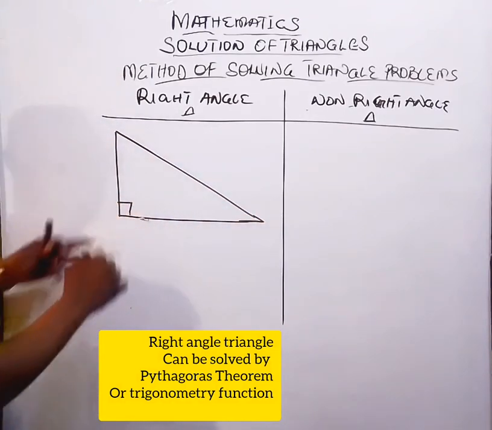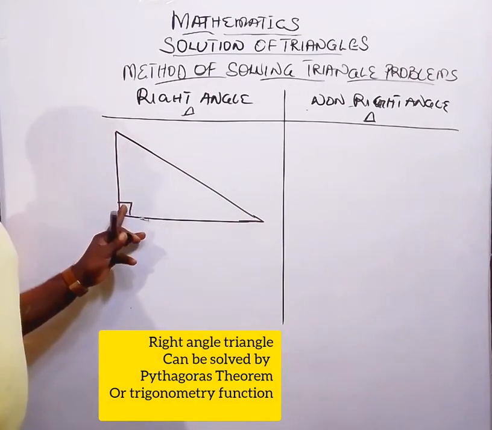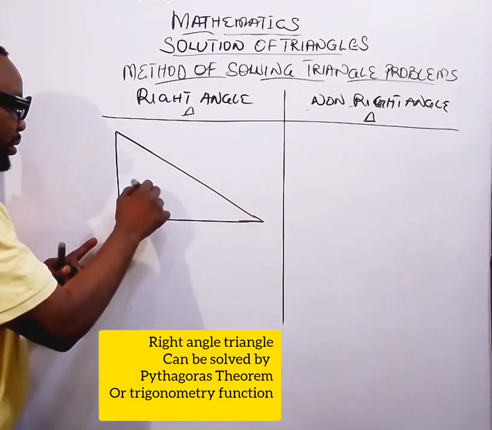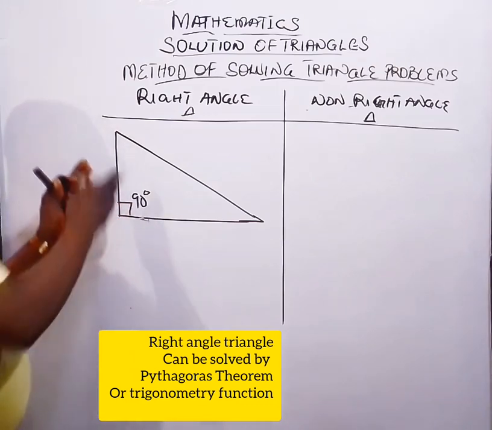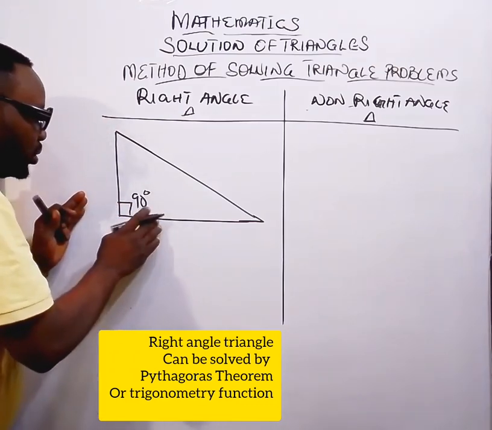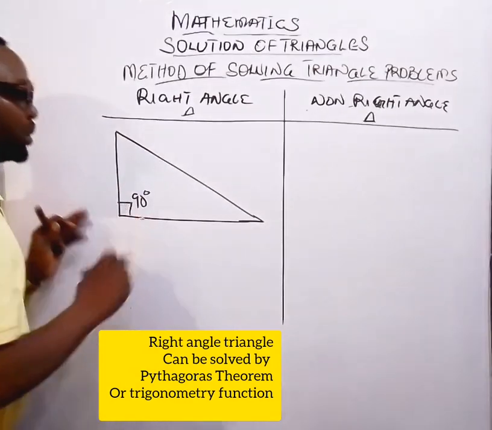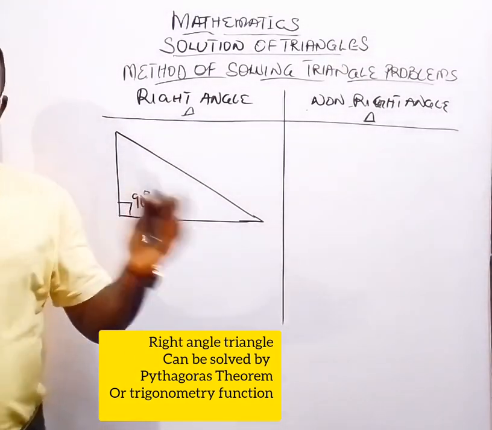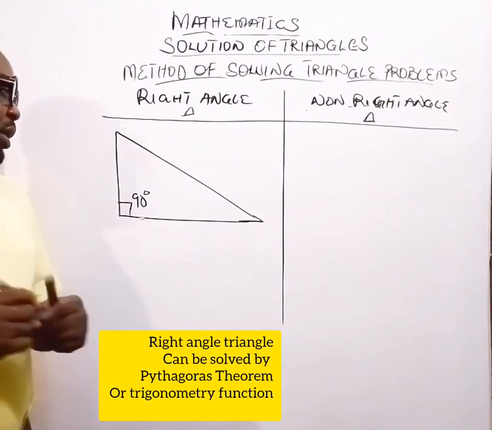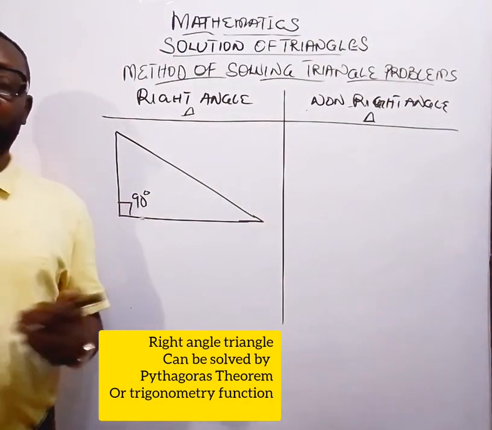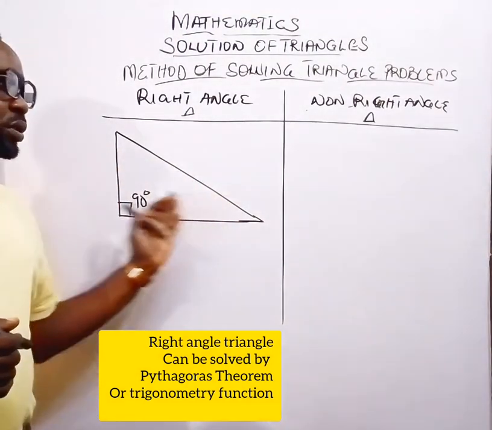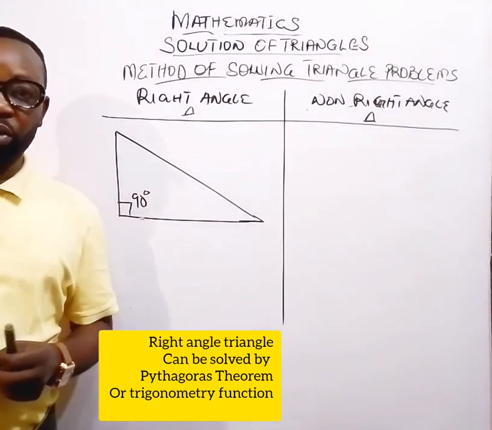This is an angle that is called 90 degree. It is a perpendicular, a straight line that goes towards the x-axis is perpendicular to the x-axis line. So it is called a 90 degree or a right angle. And this whole triangle is called right angle triangle.